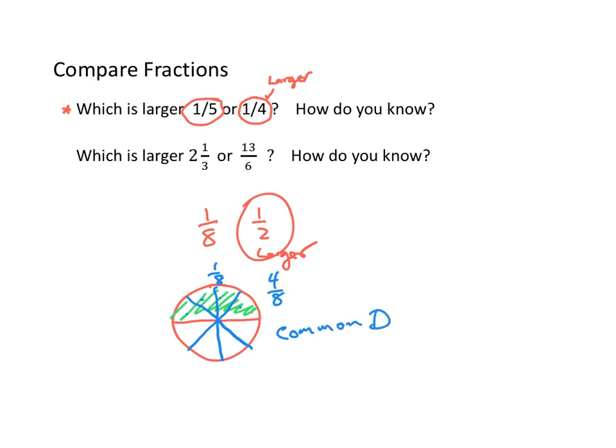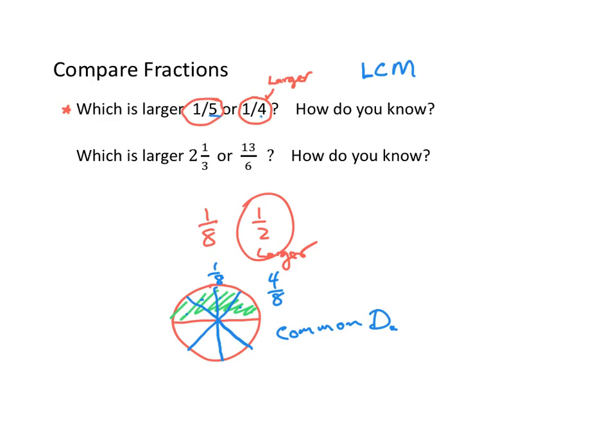When you compare using a common denominator, you are dividing them into the same sized pieces so that you can compare. So if we compare with a common denominator, then that's kind of like our least common multiple problems.